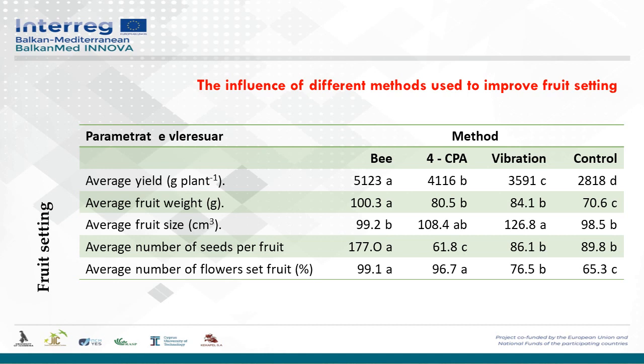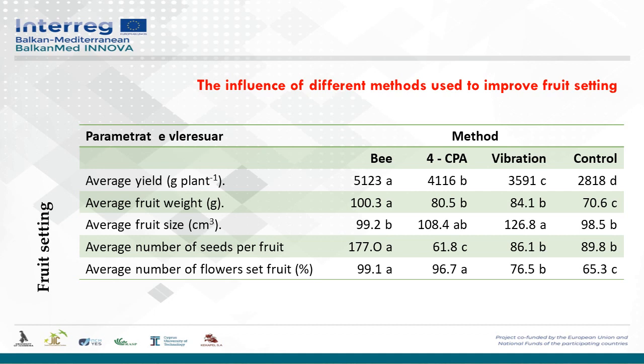But more importantly, by the use of bumblebees, we have a higher fruit weight, and in general they yield a higher yield per plant, up to 5 kilograms per plant, compared with only 2.8 kilograms per plant in the case of the control.